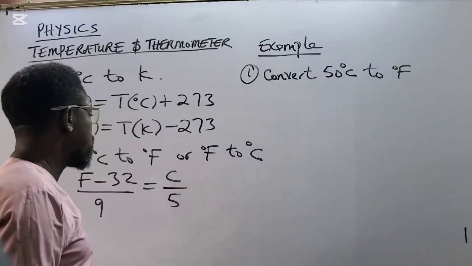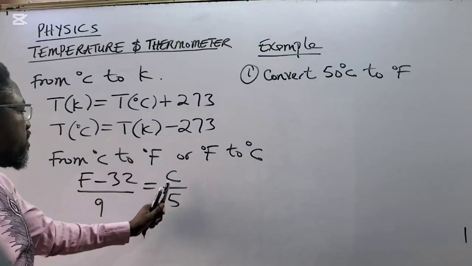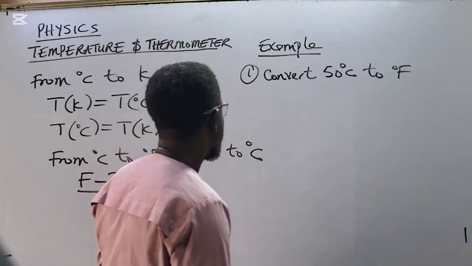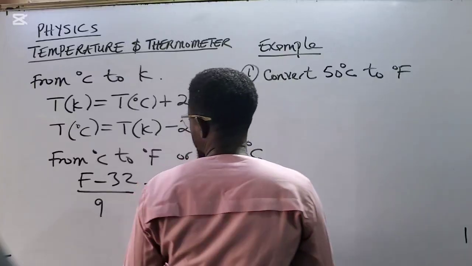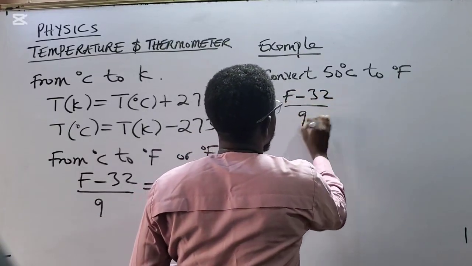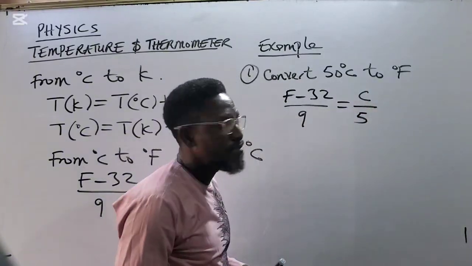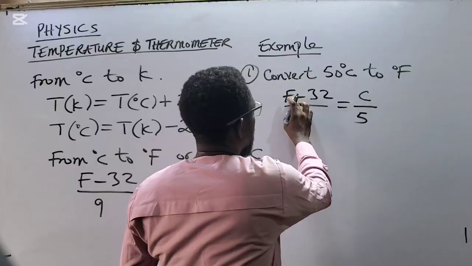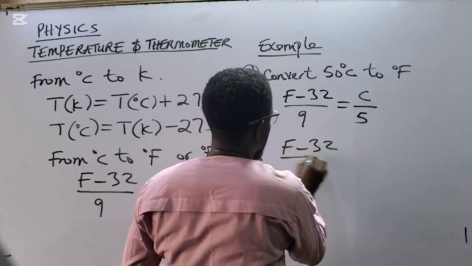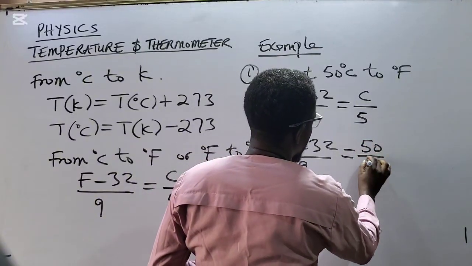If you want to do that conversion, I'll make use of this formula here: (F minus 32)/9 equals C over 5. We are looking for F, so I'll get (F minus 32)/9 equals C over 5, where C is 50, so 50 all over 5.